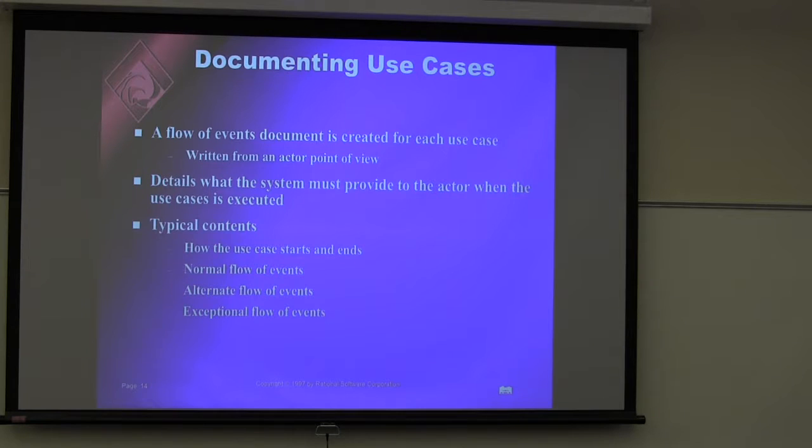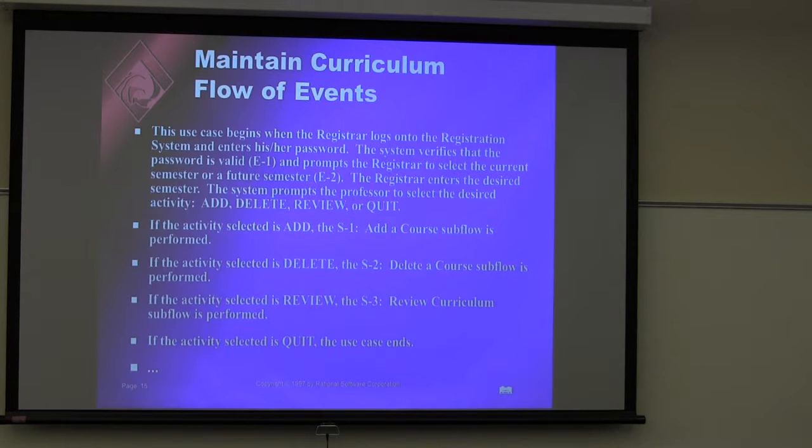You might want to check to see if it's within drop add, and if it's within drop add, then you would have choices. Do you want to drop? Do you want to add? Of course. Do you just want to see your schedule? But those are the types of things we're looking for in the use case. What is it going to look like to that particular actor? What starts it and what ends it?